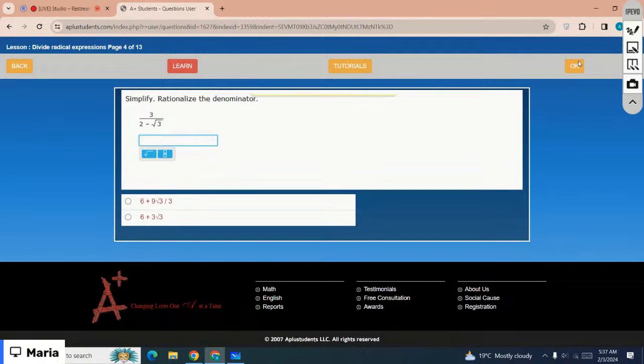Okay, the next one is 3 divided by 2 minus square root 3. So, which is the correct option?